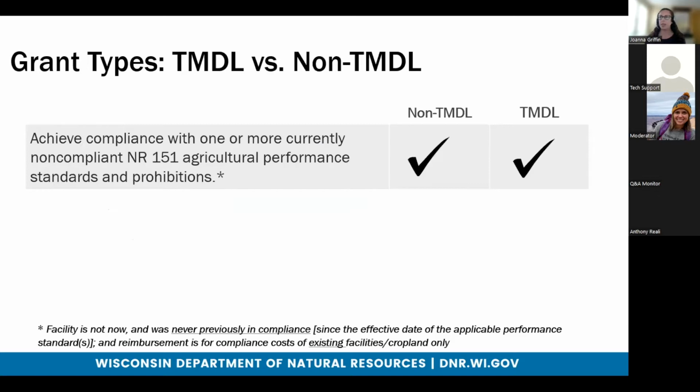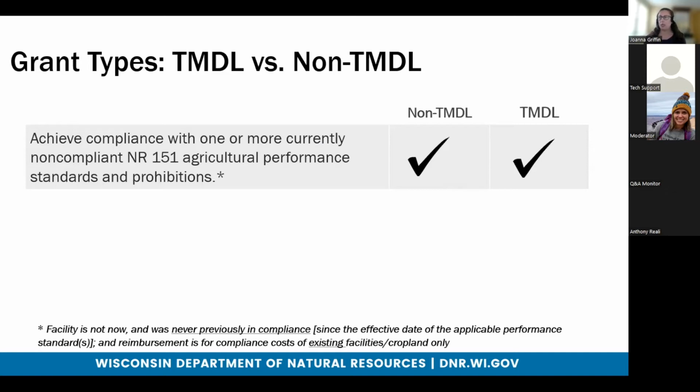Because non-TMDL projects aren't located in a TMDL watershed, they therefore must achieve compliance with 1 or more non-compliant NR 151 performance standards and prohibitions at facilities that are not now and have never previously been in compliance since the effective date of the applicable performance standard.